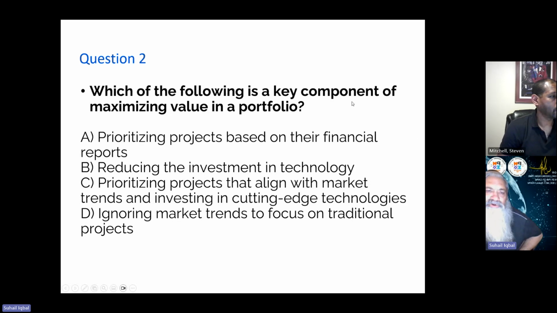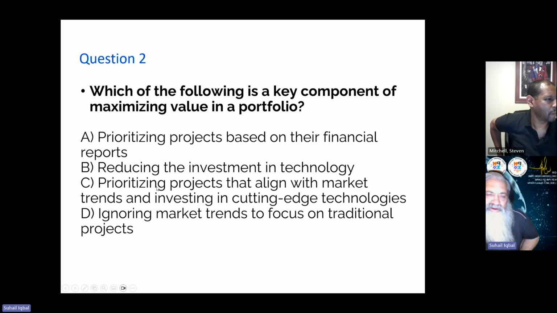Which of the following is a key component of maximizing value in portfolio? Prioritizing projects based on their financial report, reducing the investment in technology, prioritizing projects that align with market trends and investing in cutting-edge technology, or ignoring market trends to focus on traditional projects. I want to say C, between A or C, but I'm going to say C. Actually, you are right.